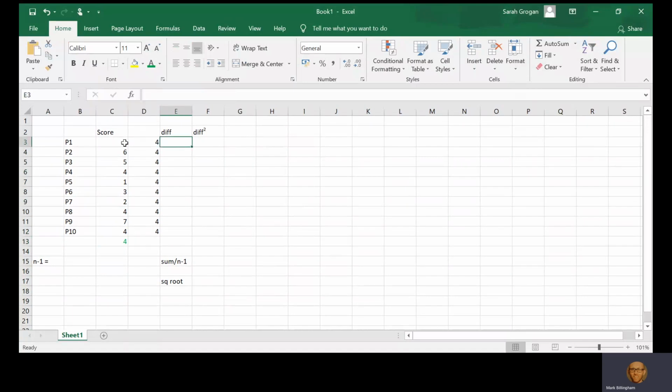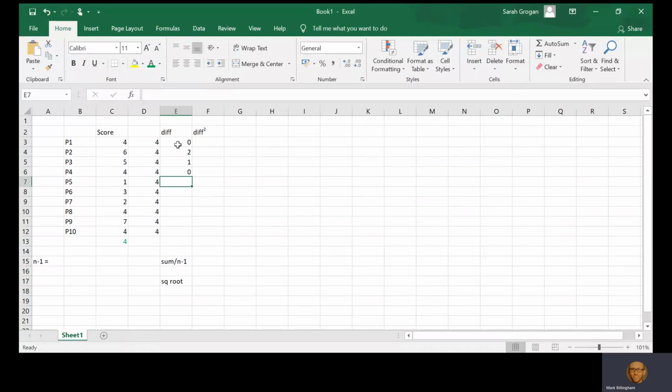So 4 minus 4 obviously gives 0. The next one is 6 minus 4, so that score is 2 above the mean. 5 minus 4, that score is 1 above the mean. Those scores are equal.